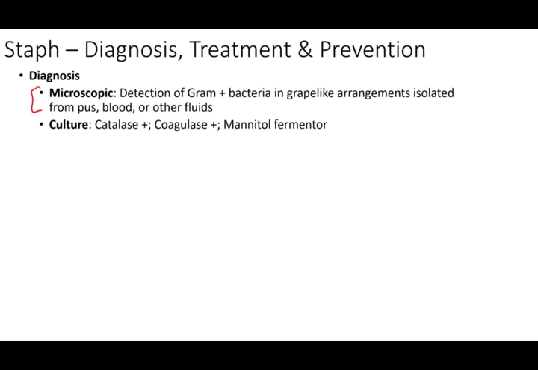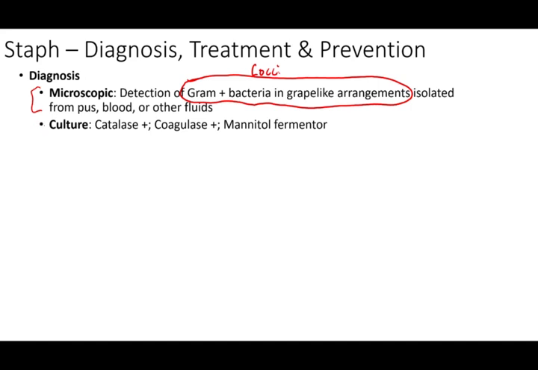So one answer to that, this is very similar to what we saw for the fungal infections: a microscopic analysis. As we said, Staphylococcus is going to have a very characteristic look under the microscope. So gram-positive cocci in grape-like clusters. So that's pretty important. So that can be isolated from different regions of the patient, depending on how it's clinically manifesting itself, but then also culture-based approaches as well.